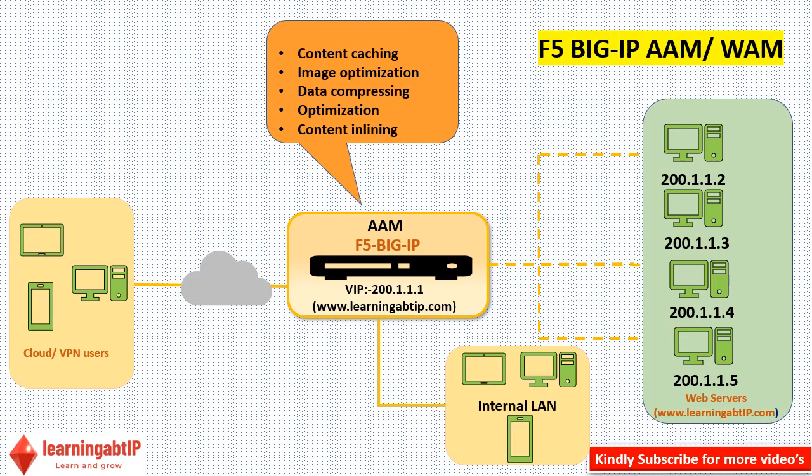Okay, so now let's talk about the last and final module, that is the application accelerator module. Suppose our learningaboutip website contains many graphical elements with large images, which is creating problems for the users who are accessing the website from home, especially from their mobile devices.